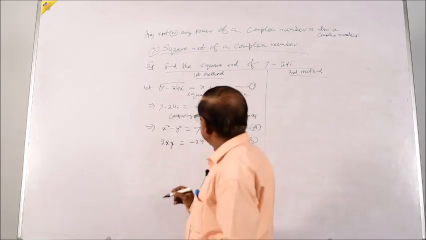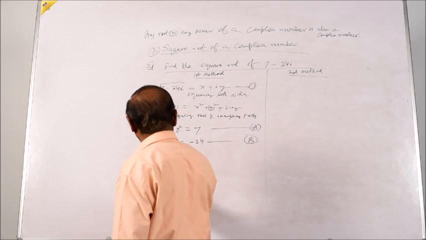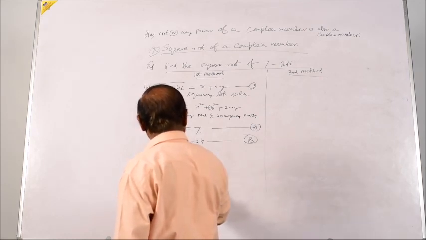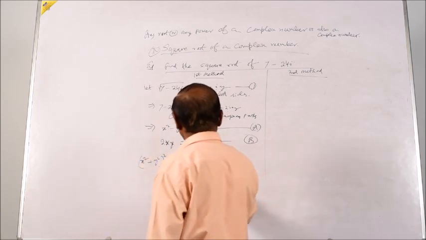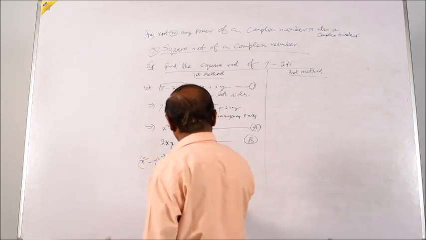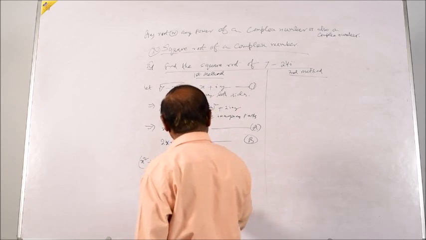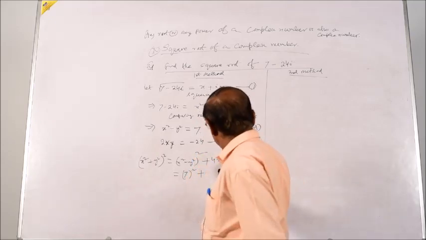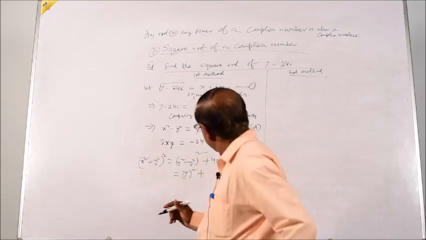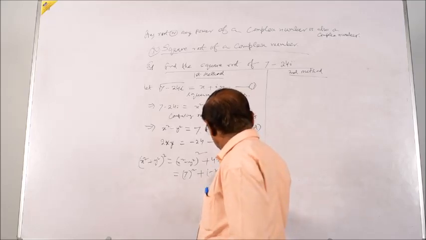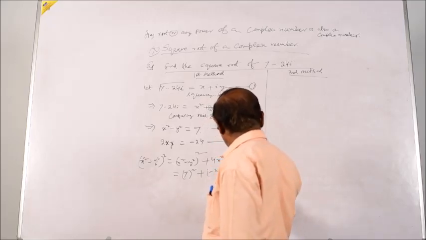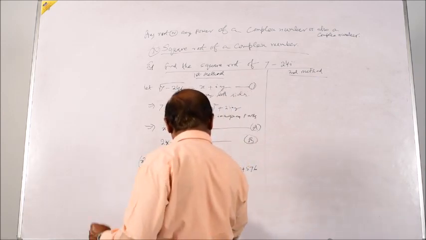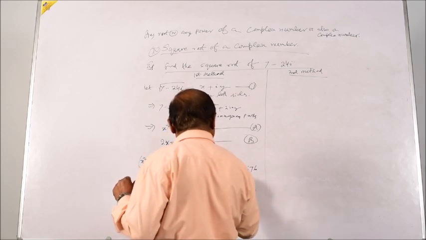Yes, now we know this formula, that is x square plus y square whole square is x square minus y square whole square plus 4x square y square. So, this will be 7 square plus minus 24 whole square, this will be 49 plus 576, this will be 625, which is equal to 25 square.